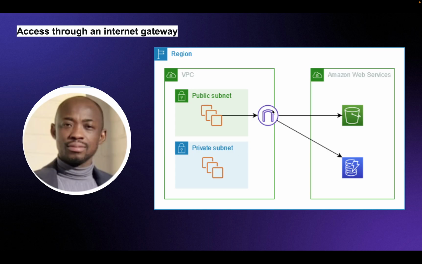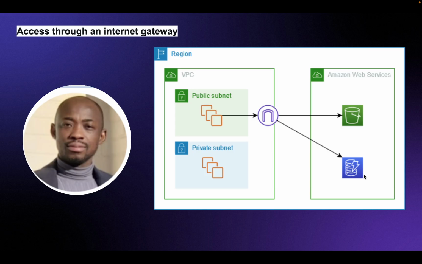If you want to access it through an internet gateway, that's your normal access. When your instance is in a public subnet, you can connect to your internet gateway and straight to your S3 bucket or your DynamoDB.